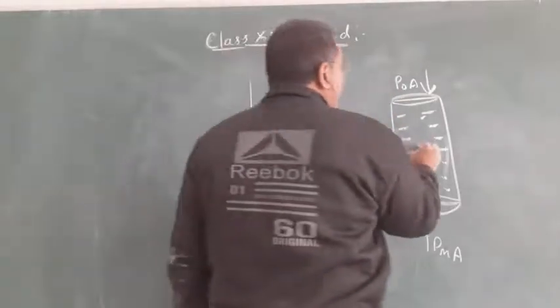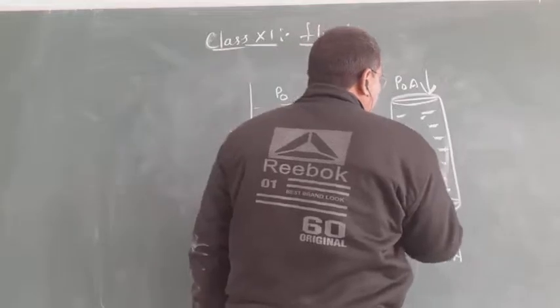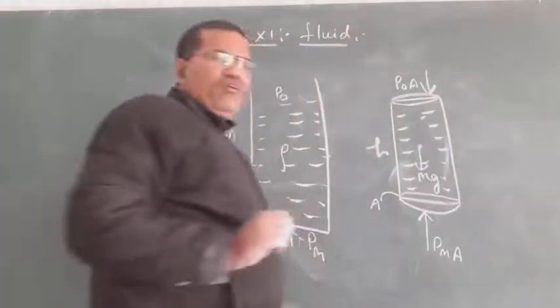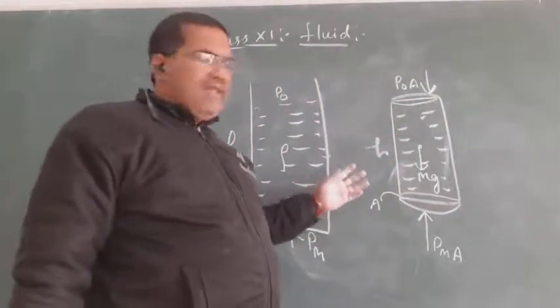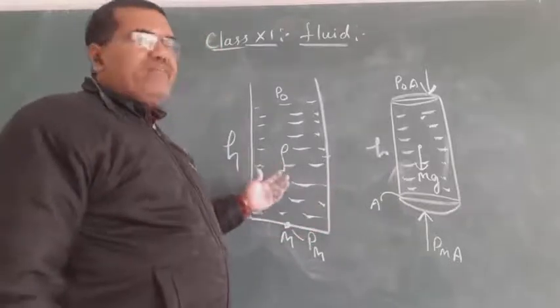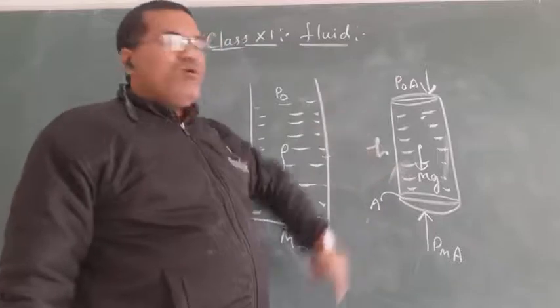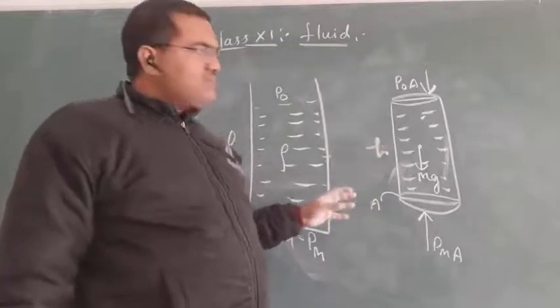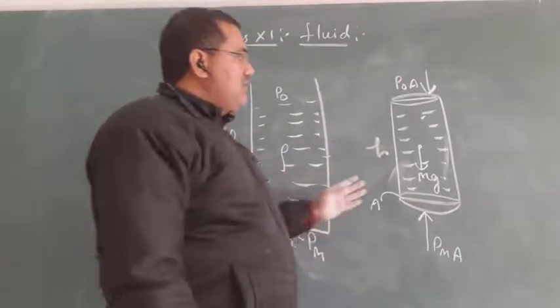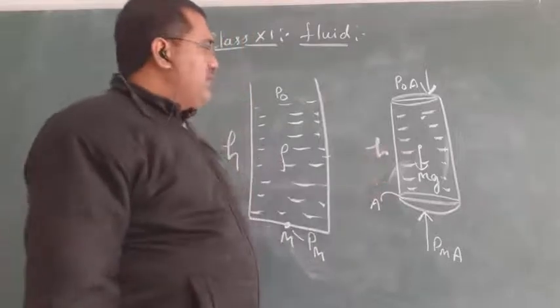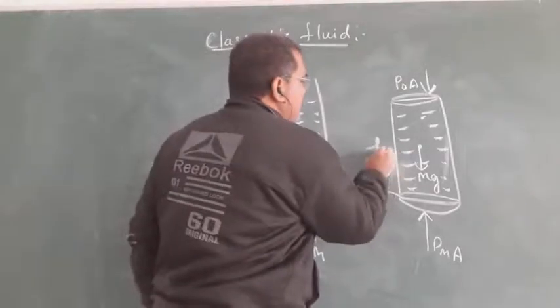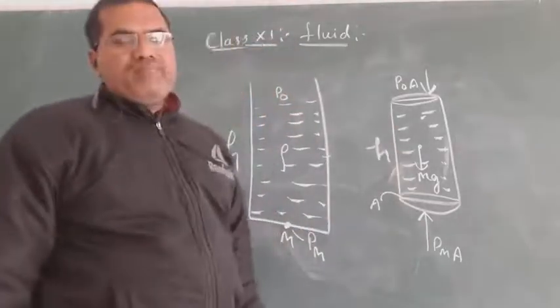The weight of the liquid is mg downward. It is analogous to Newton's laws of motion: take the liquid as a solid body, make the free body diagram of the liquid, consider the forces acting on it, and then you can find the pressure at the bottom.